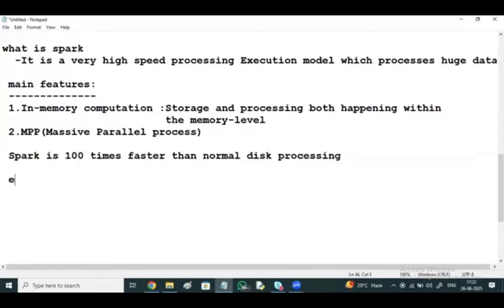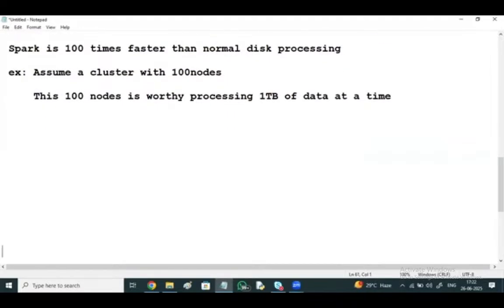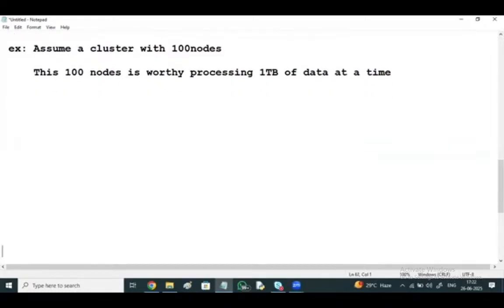For example, assume I have a cluster with 100 nodes, 100 systems. This cluster is worthy of processing 1 TB of data at a time.